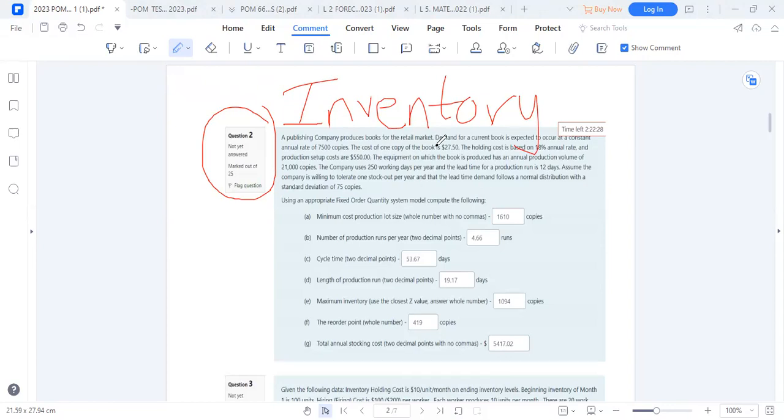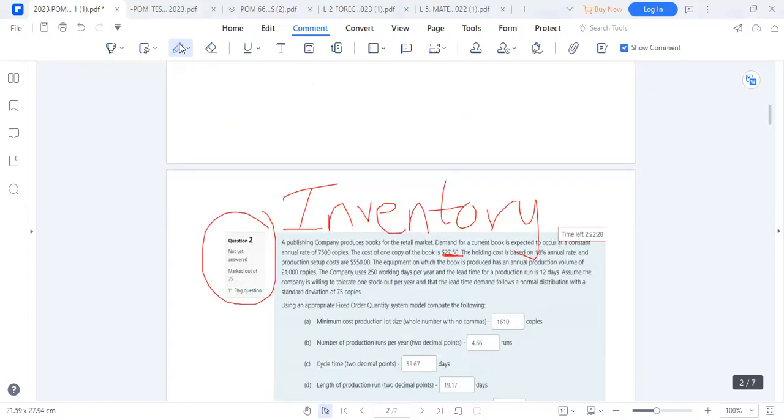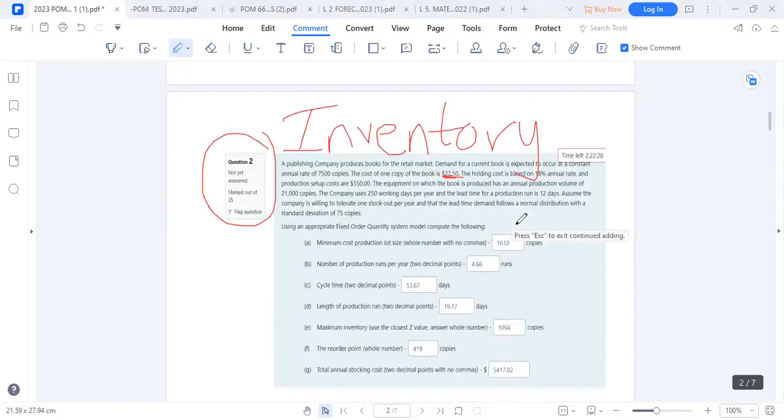Demand for a current book is expected to occur at a constant rate of 7,500 copies. The cost of one copy of the book is $27.5. That is the cost. And then holding cost is 18% of annual rate, and production setup cost is $550.